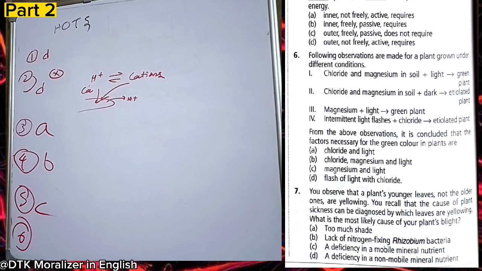Intermediate light flashes plus chloride gives an etiolated plant. From the above observations, it is concluded that the factors necessary for the green color in plants are: here option C, magnesium and light. So for question number 6, it is option C, magnesium and light.